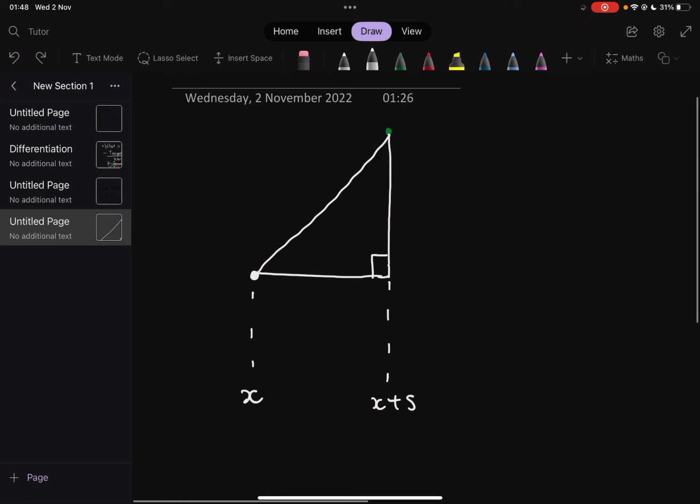And then similarly for the y, well, y is a function of x, so the y at this point of x is going to be f of x. Similarly, the y at this top point is going to be the function of this, so this is going to be f of x plus s.